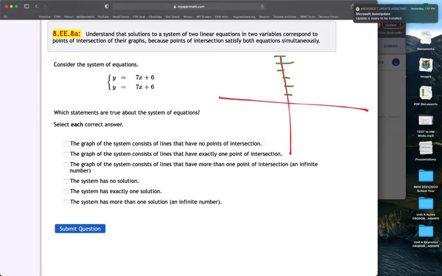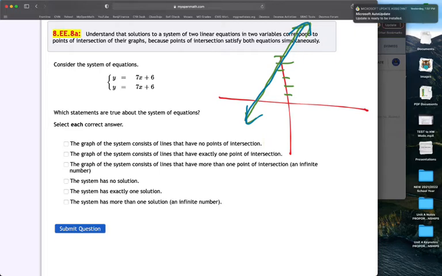So this line goes uphill from left to right. And if we were to graph the second equation, clearly it's the same exact equation. So that means its graph would lie directly on top of the other one. Sometimes that's stated as coinciding.